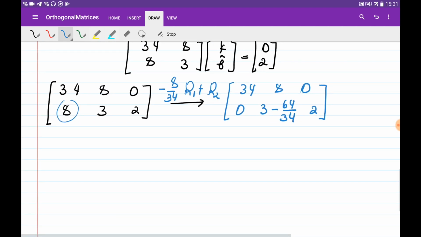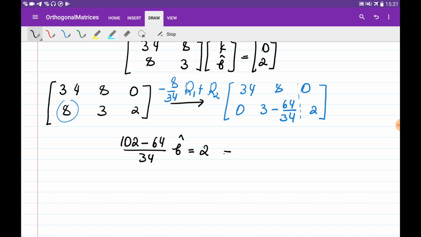So we can find the solution for the system already from here, which is going to be 102 minus 64 divided by 34, multiplied by b hat, equal to 2. From here we obtain that b hat is equal to 34 divided by 19, since the difference is 38. We can find k hat from the first equation.